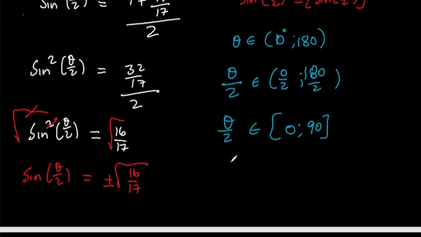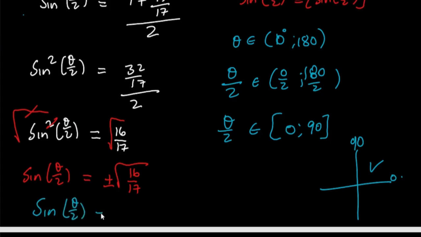So you can see that this is in quadrant 1. If this is 90, this is 0. So this is in quadrant 1. Therefore, the final answer is that the sine of theta over 2 must be equal to positive the root of 16 over 17. And that's how you answer the question.